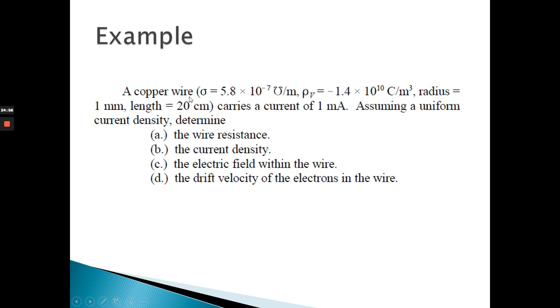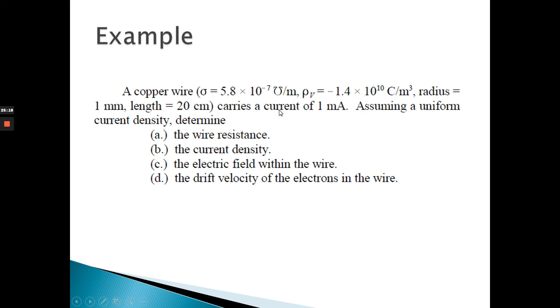So a copper wire which has a conductivity of 5.8 into 10 to the power minus 7 Siemens per meter, or mho per meter, and a charge density of minus 1.4 into 10 to the power 10 coulomb per meter square, and a radius of 1 mm, and the length is given.